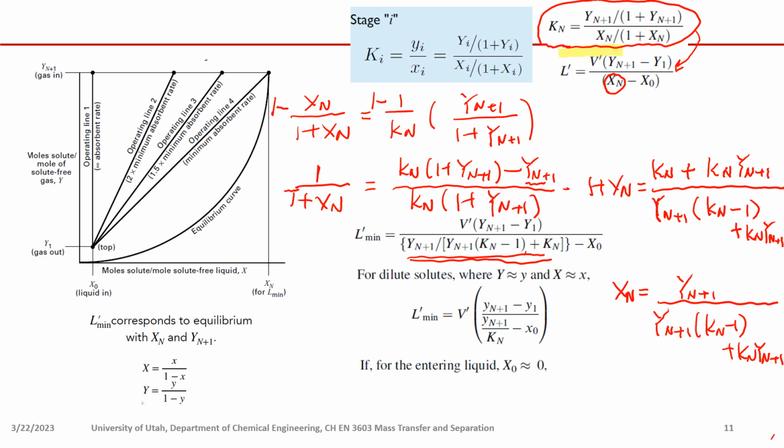And in this case, yn plus 1 and yn plus 1, they basically cancel. Then you have only L prime min equals V prime multiplied by Kn. Right? So in this case, the minimum flow rate is so simple. It's only dependent on the vapor flow rate and your equilibrium K value, right? And obviously, in this case, if you increase the vapor flow rate, then you need to increase the minimum flow rate to achieve the same separation outcome.